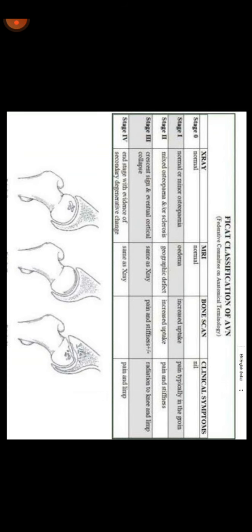So these are some signs and symptoms which are seen in this disease.